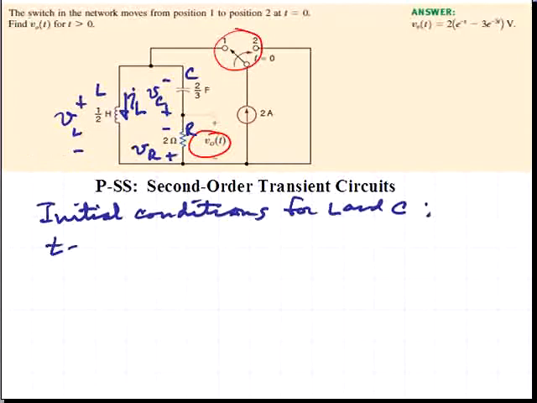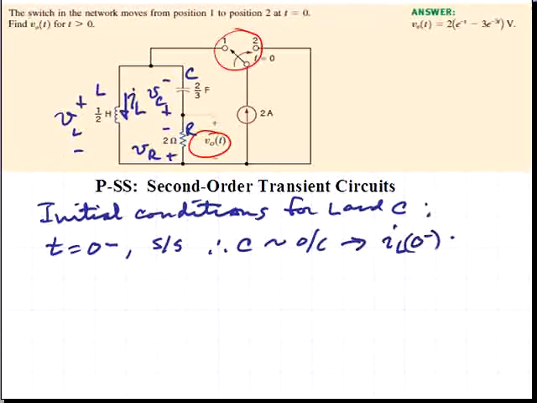We'll take the time equals 0 minus. Assume that steady state prevails at that time, and therefore the capacitor will look like an open circuit, and this will give the result that IL at 0 minus is equal to 2 amperes.